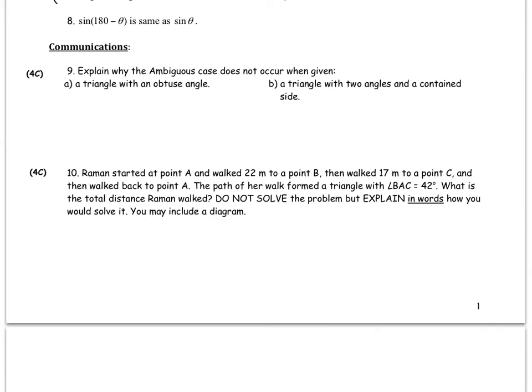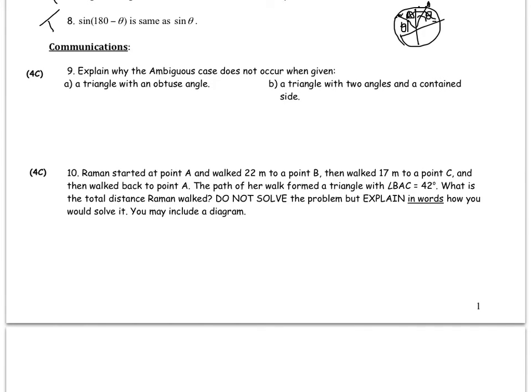The answer is true. The reason is that if, again, this is the unit circle and this is angle theta, we know that the second angle, which is the reflection of this point on the y-axis, is going to be theta 2. So the next angle, which is going to have positive sine value, is going to be this angle, which is 180 minus theta. So the answer is true.